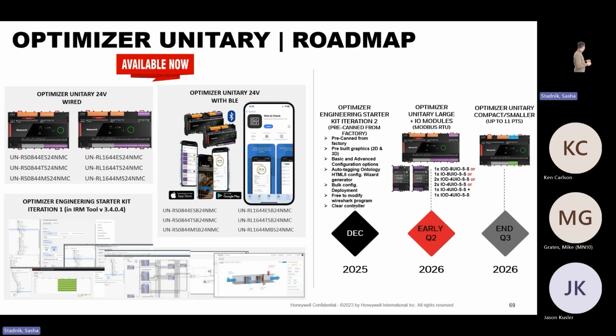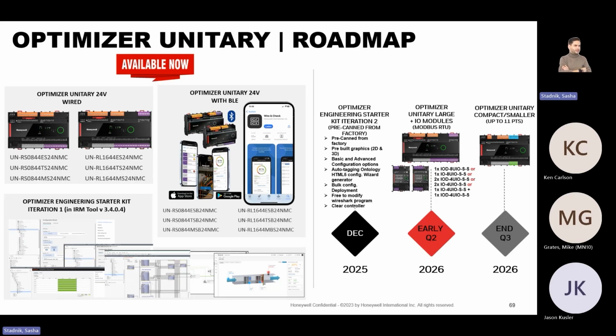So what about the next release? It's really cool. The next release is what we call the engineering starter kit. It took us, and this is a shame of Honeywell, almost 20 years to get this thing out. It's been on a draft for many, many years, too long, to be honest. It is what we call pre-programmed controllers.